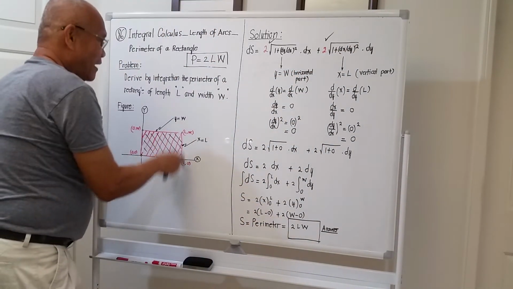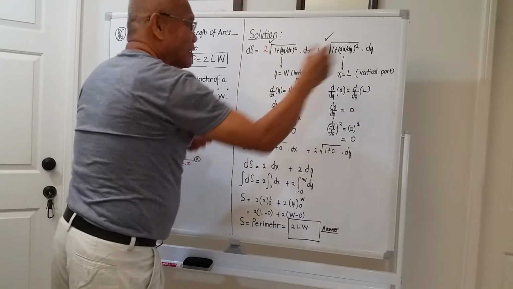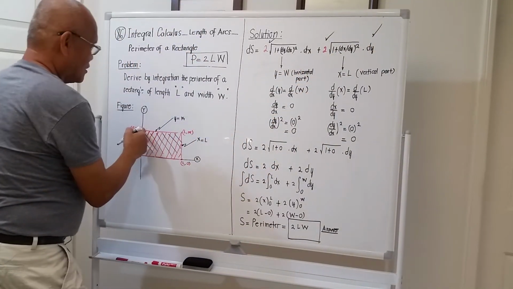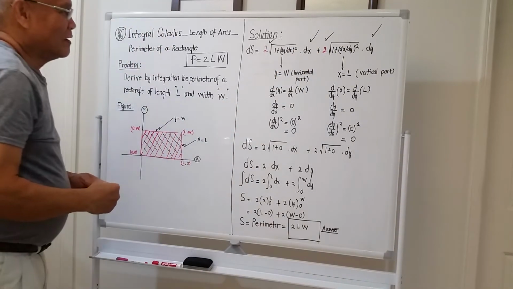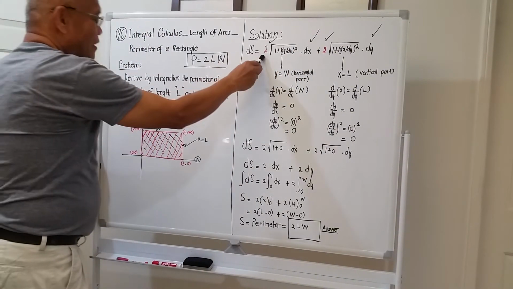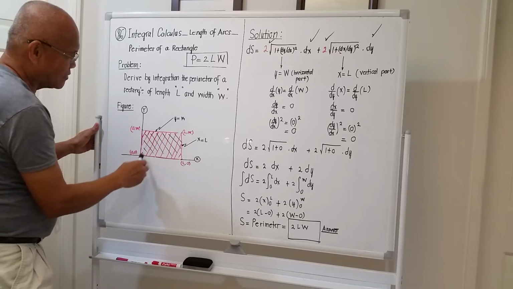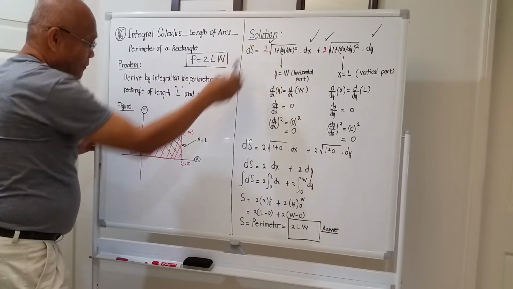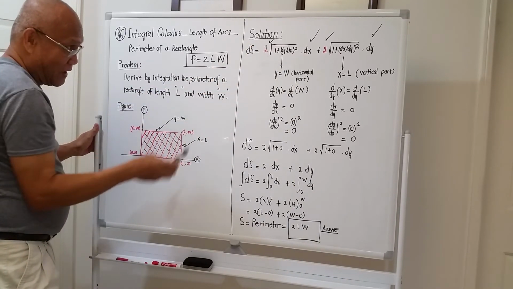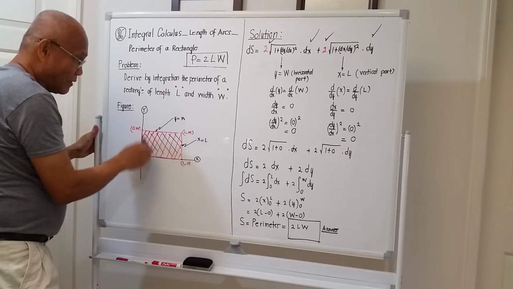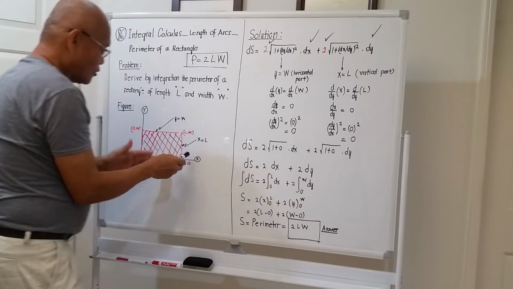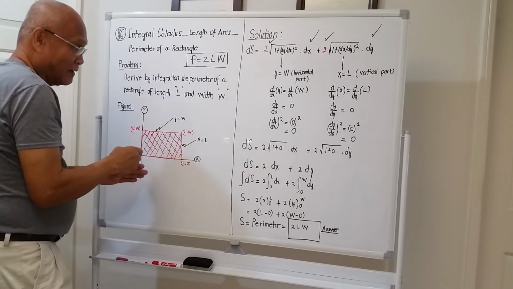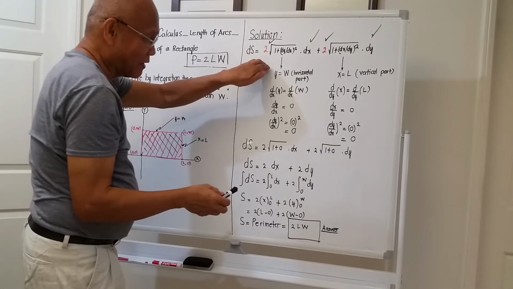This is a vertical height, so it should be dy. This is a horizontal distance, so this should be dx. So this times 2 refers to this being number 1, this being number 2, so this is times 2. The vertical height is number 1, number 2, so this is times 2. So the total distance going around the rectangle is the sum of this one here.